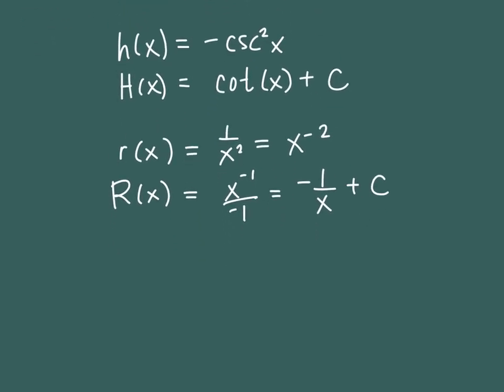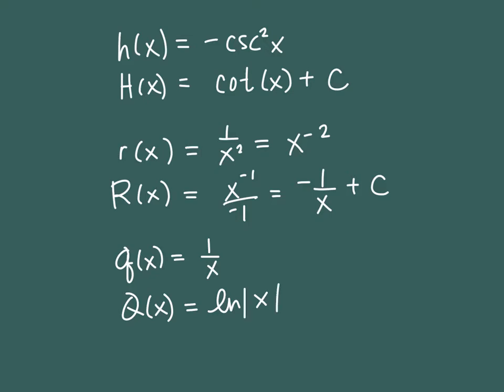Now, what if you have 1 over x? What if q of x is 1 over x? What is the antiderivative of that? Well, 1 over x is a special function. What function came before it? The only function that comes before that is the natural log of x. Now there's something special about the natural log function. Its definition as an antiderivative is the only one that requires absolute values.